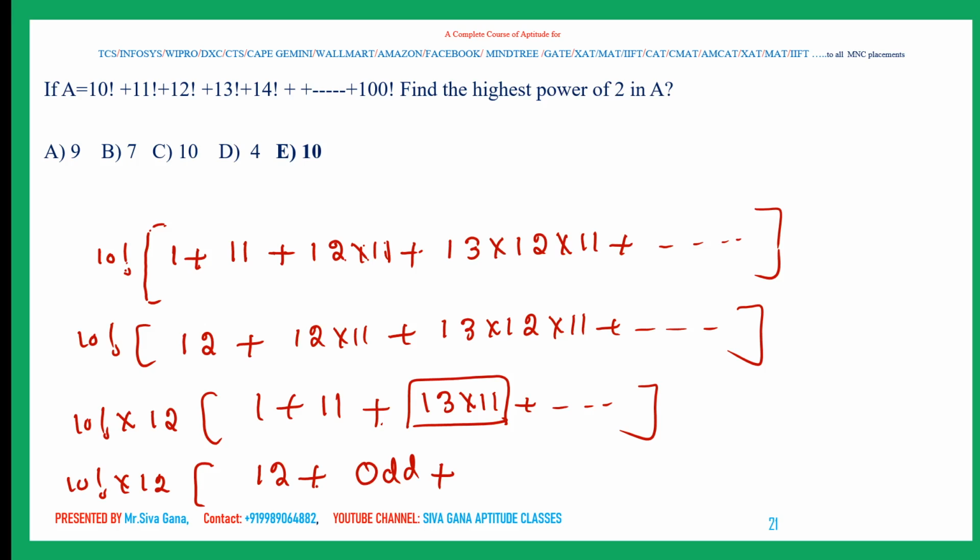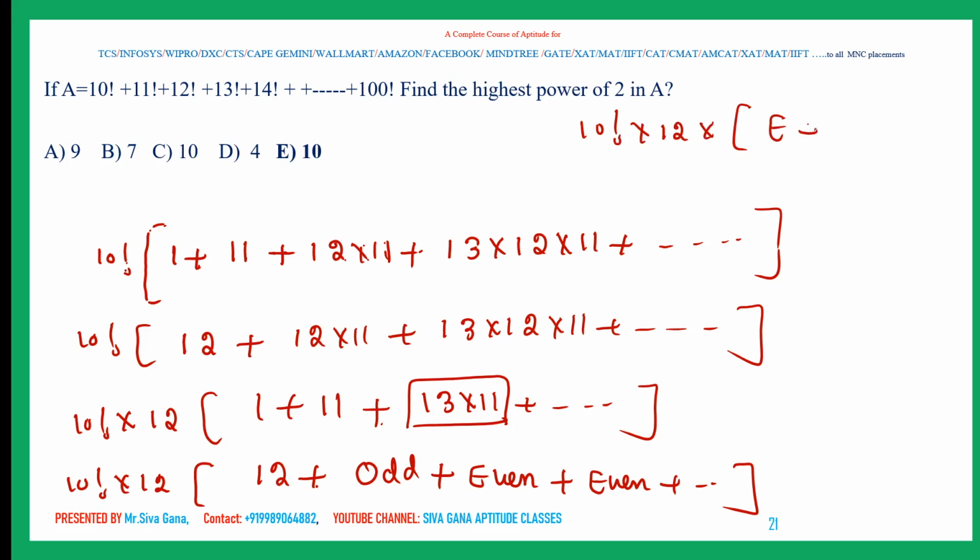Somewhere we did a mistake. 1 plus 11 is 12, which is nothing but even, plus 13 into 11 is odd. Next is 14 into 13 into 11, which is nothing but even. Next term is also even like this. No problem, we'll see. 10 factorial into 12 into bracket.